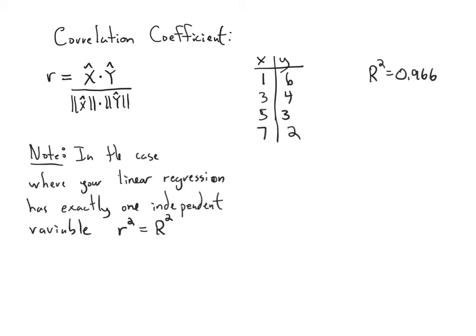Okay, so let's go ahead and calculate r for this data set, and we'll show that if we square it, we get exactly what we expect, r squared. So what do we need? We need x hat and y hat as our vectors.